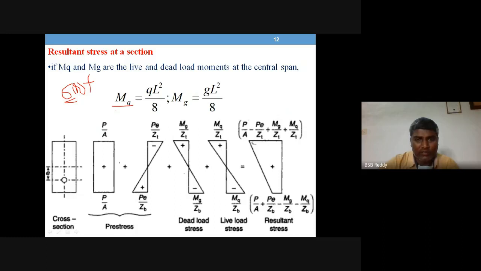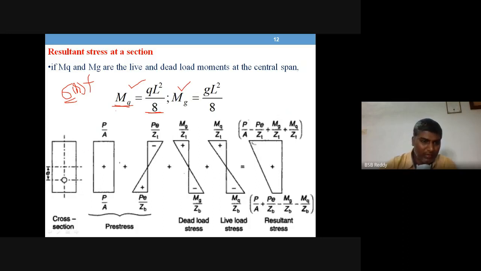Generally dead loads and live loads are UDL, so UDL is going to cause this much moment at center: q L square by 8 is due to live load, and g L square by 8 is the moment due to dead load. So now the beam has the pre-stressing tendon as well as service loads. Now let us see how you calculate stresses in the concrete.